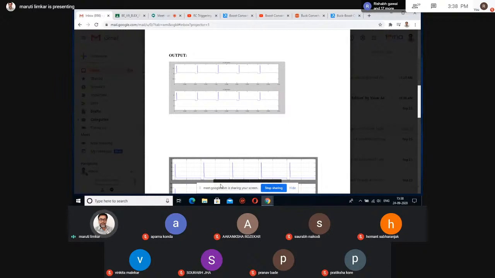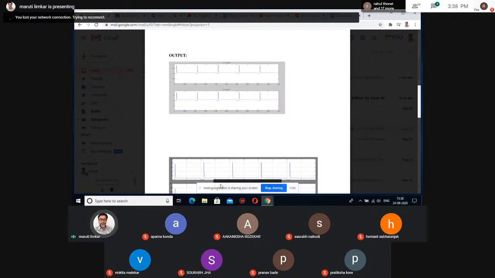The second experiment is using inductance on single phase bridge rectifier. Fourth experiment is buck converter.